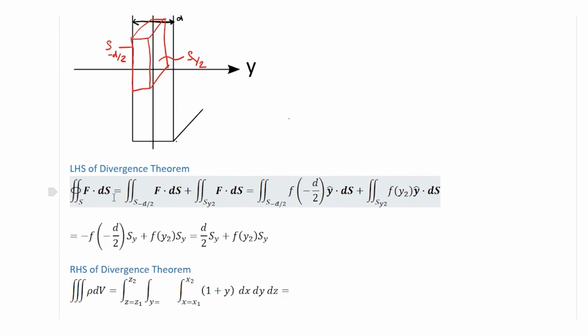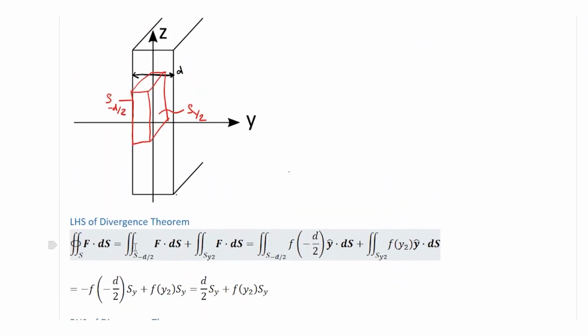Again, we are breaking the integral into 6 parts, but only 2 of them survive. On each of those parts, for this left one, I plugged in what F actually is on that surface. It's the y component of F at y equals negative d over 2. F is in the y hat direction.